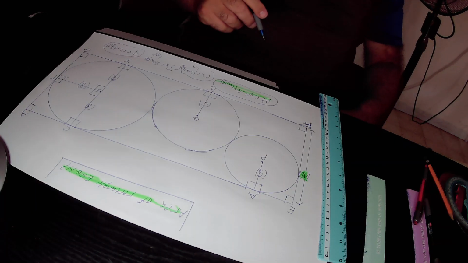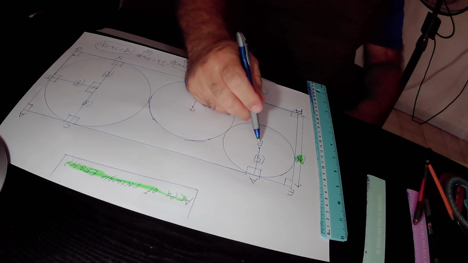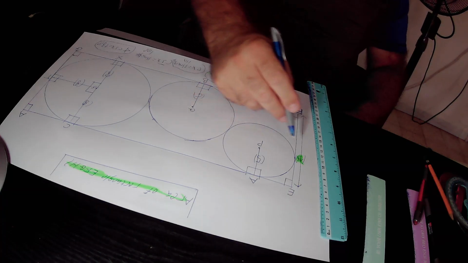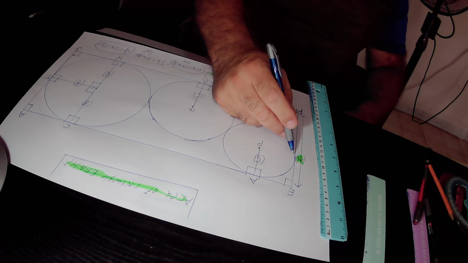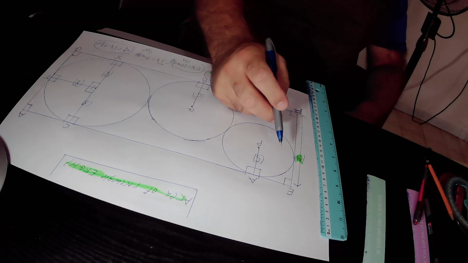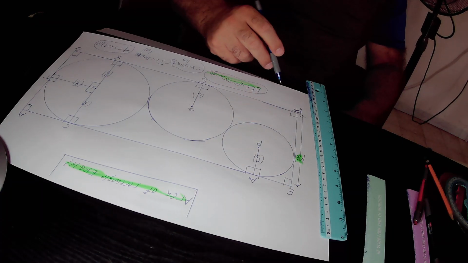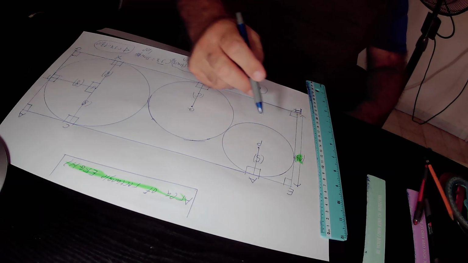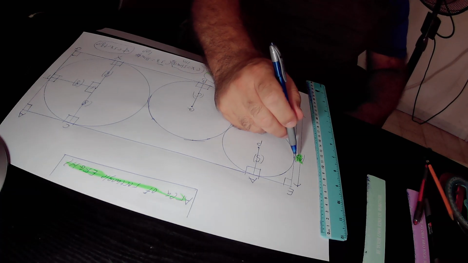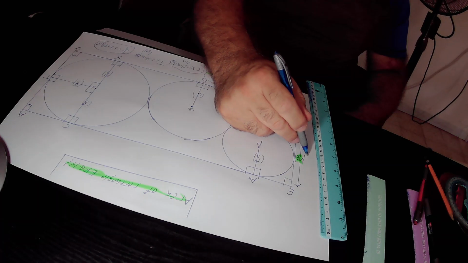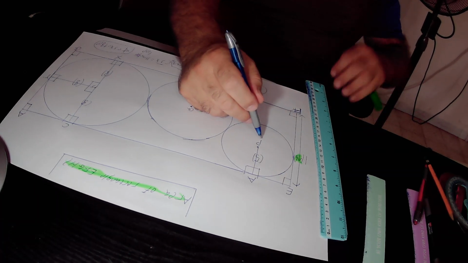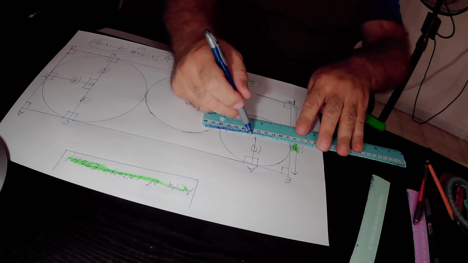In the next step, we'll join points P and this point. We define the point of tangency of tangent EF with this small circle. This point is point L, and we join points P and L together by a straight line.